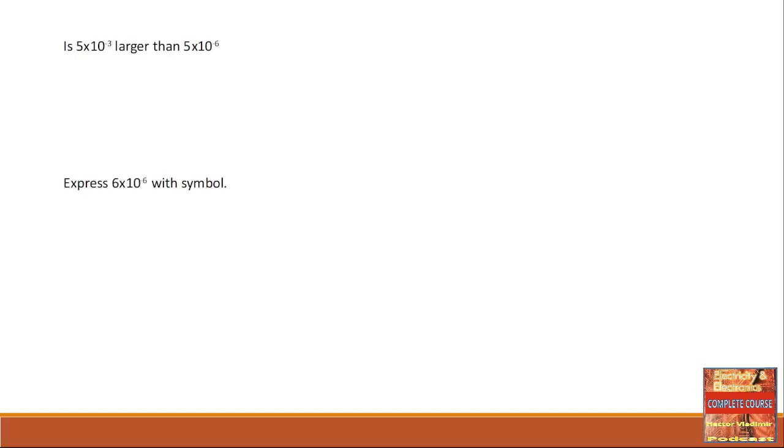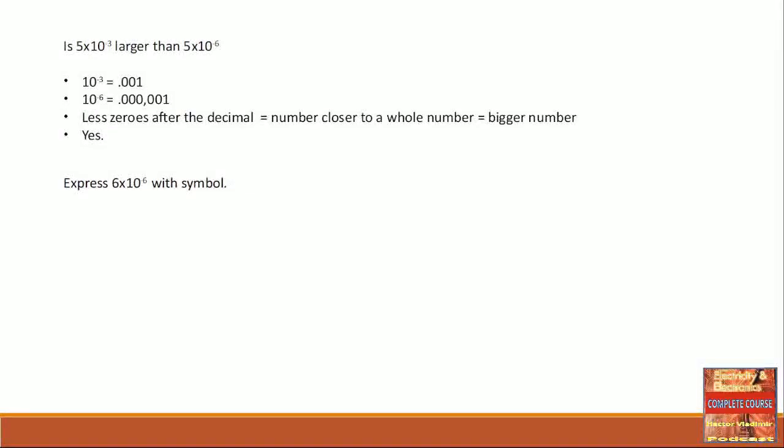Is 5 times 10 to the negative 3 power larger than 5 times 10 to the negative 6 power? 10 to the negative 3 power equals 0.001 when you put that into a calculator, and 10 to the negative 6 power equals 0.000001.